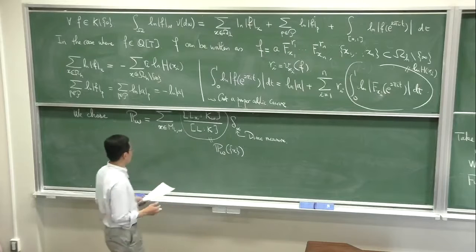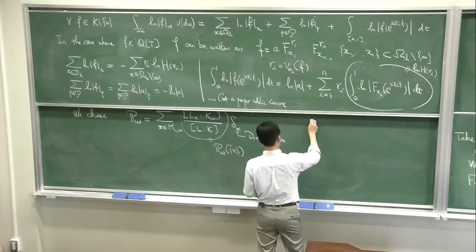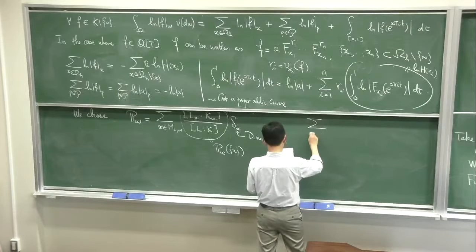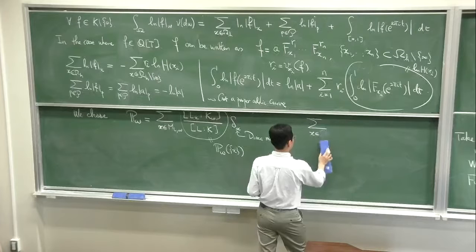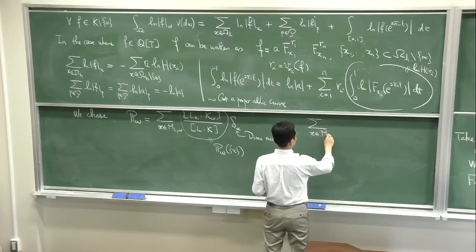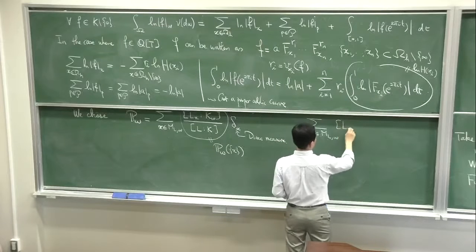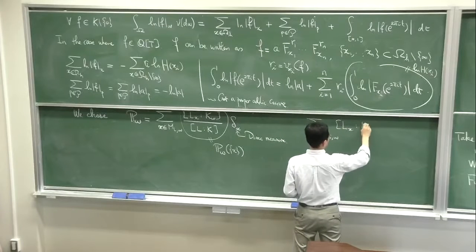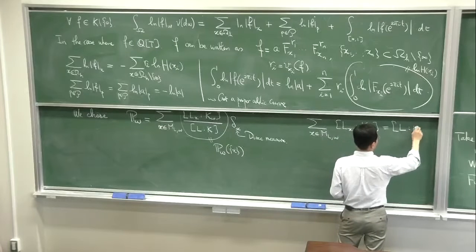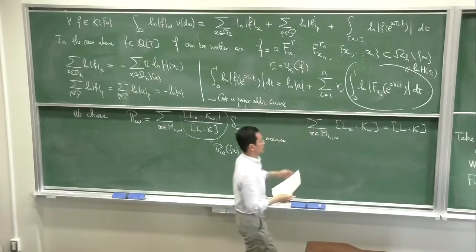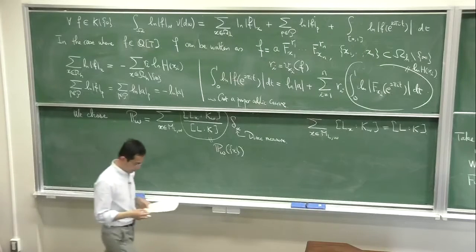So now for the finite separable extension, you have, in some sense, a product formula. You have the sum over x in M_L omega of the degree of L_x over K_omega equal to the degree of L over K. So this is a classical result in algebraic number theory.